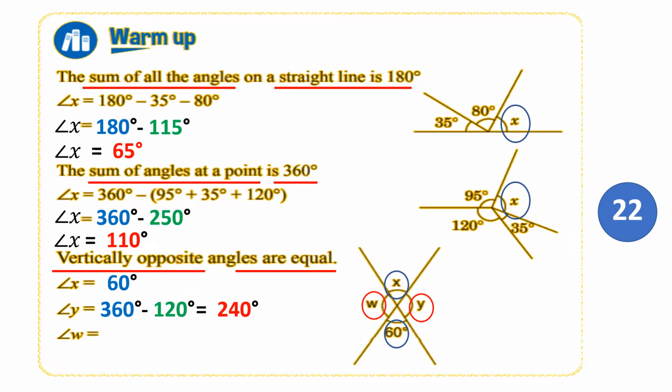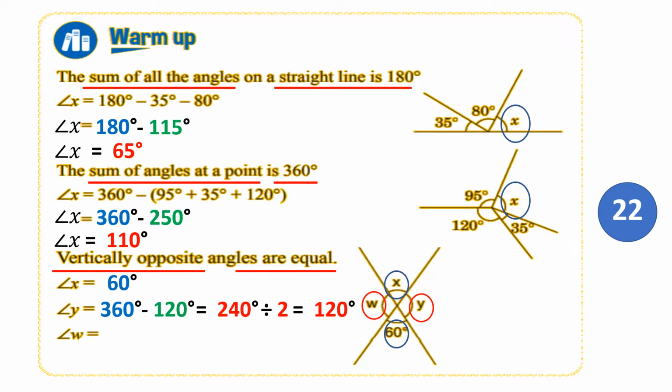Then you get 240. 240 is for angles w and y together. Then you divide this by 2 to get angle y only. Angle y is 120 degrees. Correct, students?